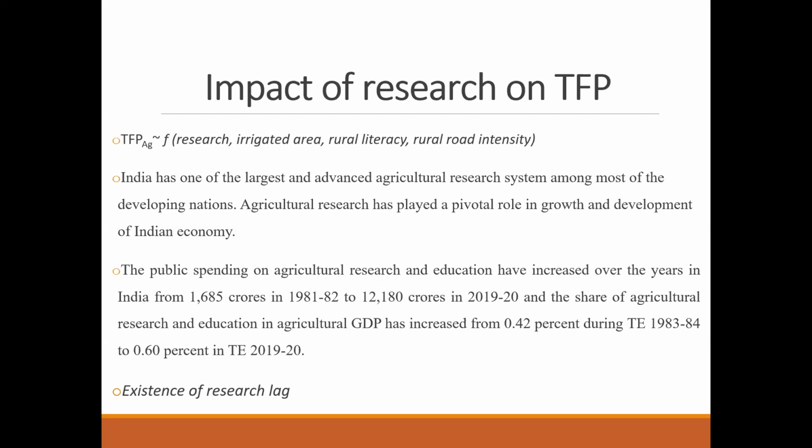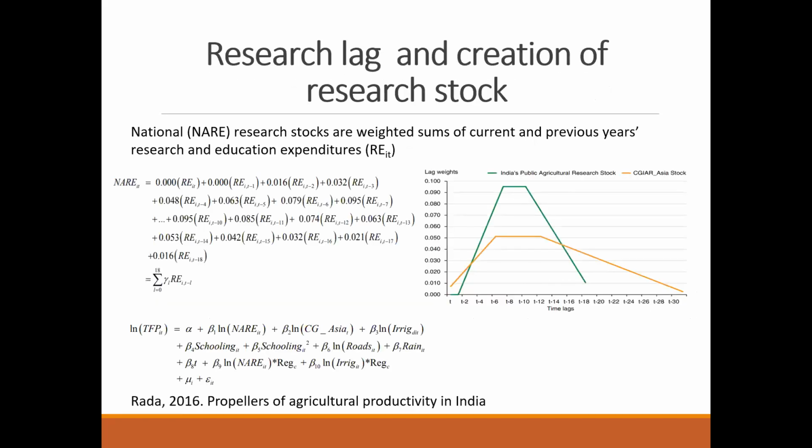Then from adoption to peak adoption and subsequently the impact on productivity, it will take a few more years. So the current year's productivity will be impacted not only by this year's research expenditure, but also by research expenditure made in past years.